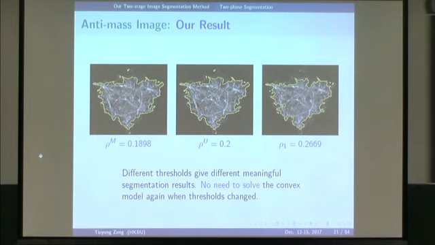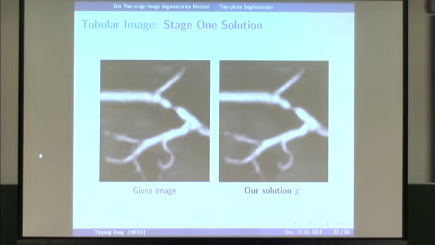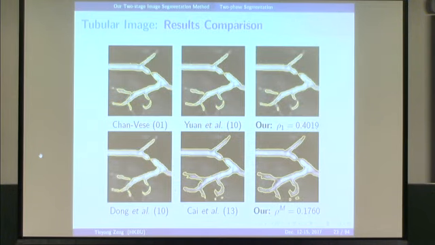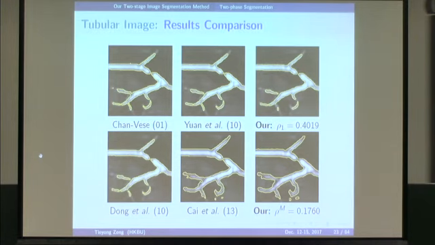And for other images, for this kind of image, you can see that this one is broken. So we can get our solution image, then you can threshold it with different parameters. With one parameter, this is broken, but you can slightly change it, then you can connect it.